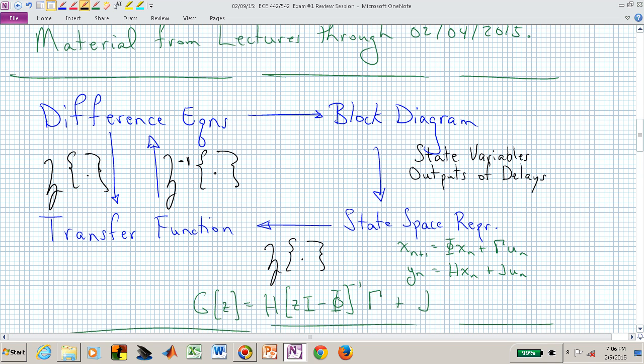Because little x is a tall, thin vector, and depending on how many delay blocks, if you had 4 delay blocks, x as a vector is 4 components tall. And you have x sub 1 of n, x sub 2 of n, x sub 3 of n, x sub 4 of n. All of those are contained in this vector right there.